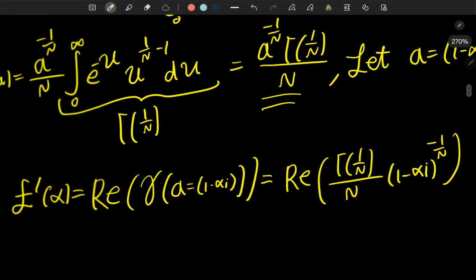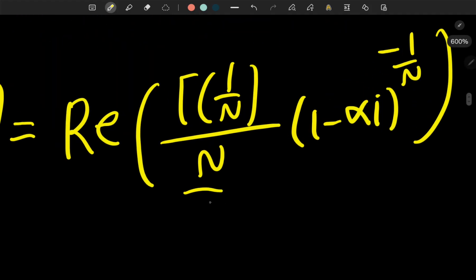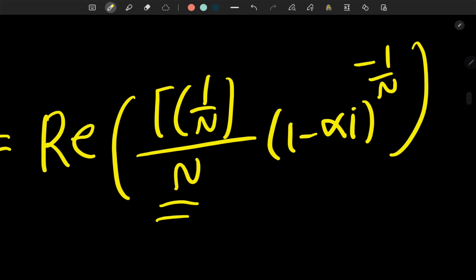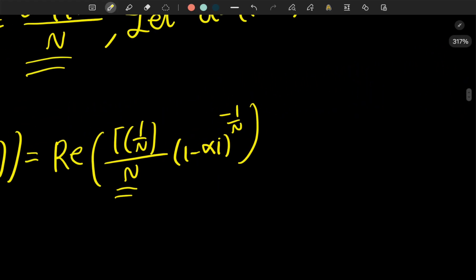So this is f prime of alpha. Now, since gamma of 1 over n is just a real number, a constant, we can bring it out of the real part, but we cannot bring this one out of the real part because we still have an I. It's not just a number. We have to take the real part of the complex number.